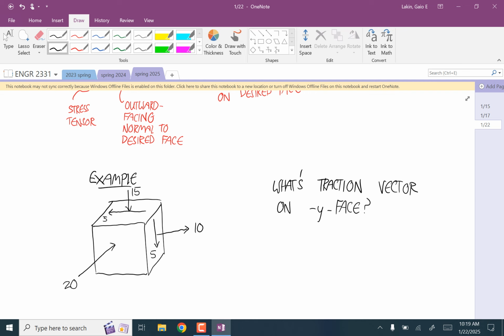Given that, what would the traction be on the negative y face? 5, 15, 0. Yep, it's a -1 times that. Remember, that was required for translational equilibrium. And so exactly, it's 5, 15, 0.